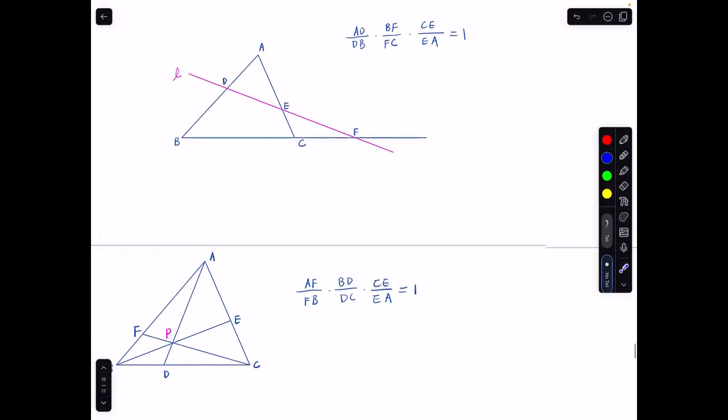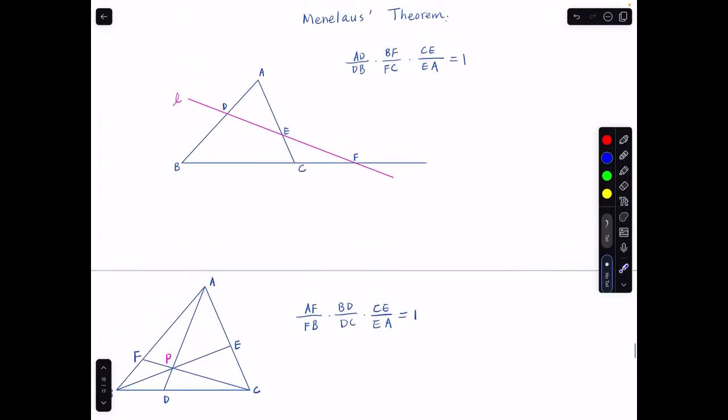Now for Menelaus's theorem, the trick here is to figure out which is the triangle and which is the line cutting the triangle. So let's look at that.